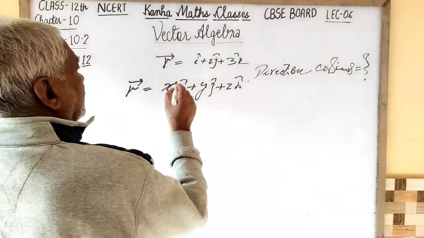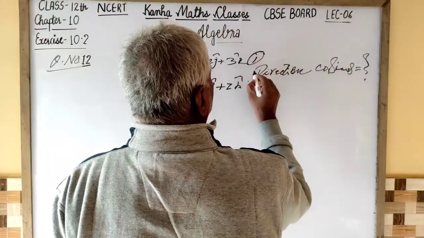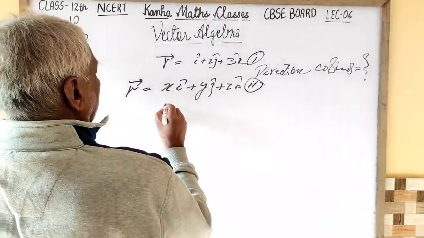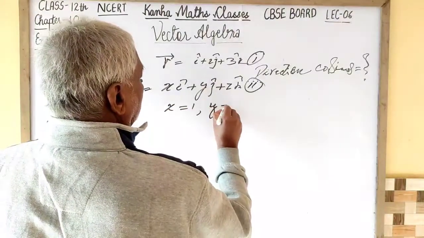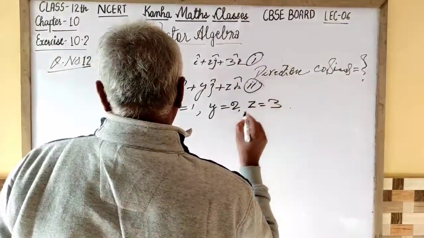By comparing the components of these two, we have x is equal to 1, y is equal to 2 and z is equal to 3.